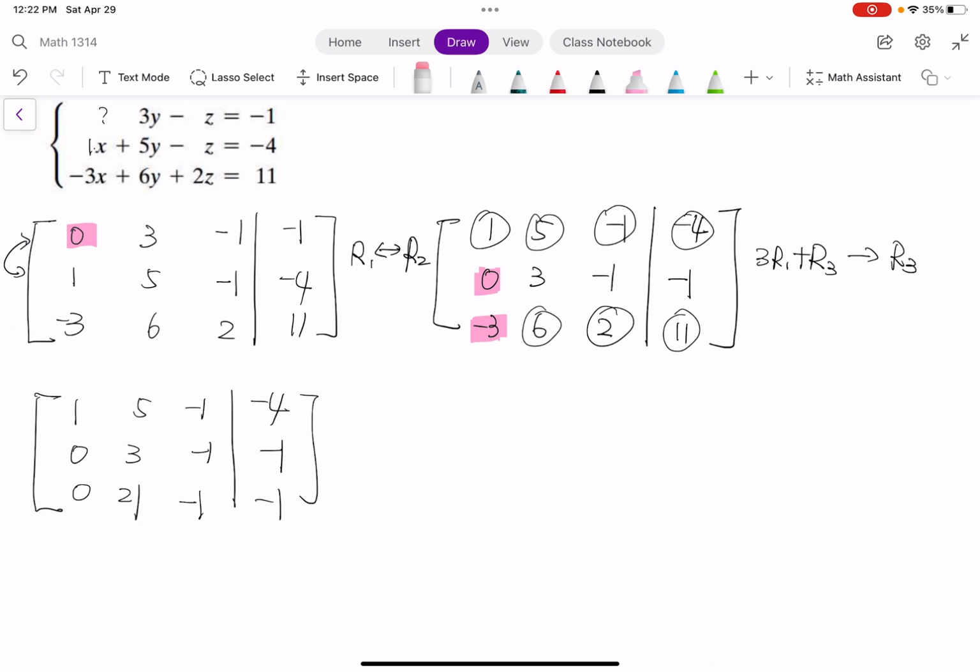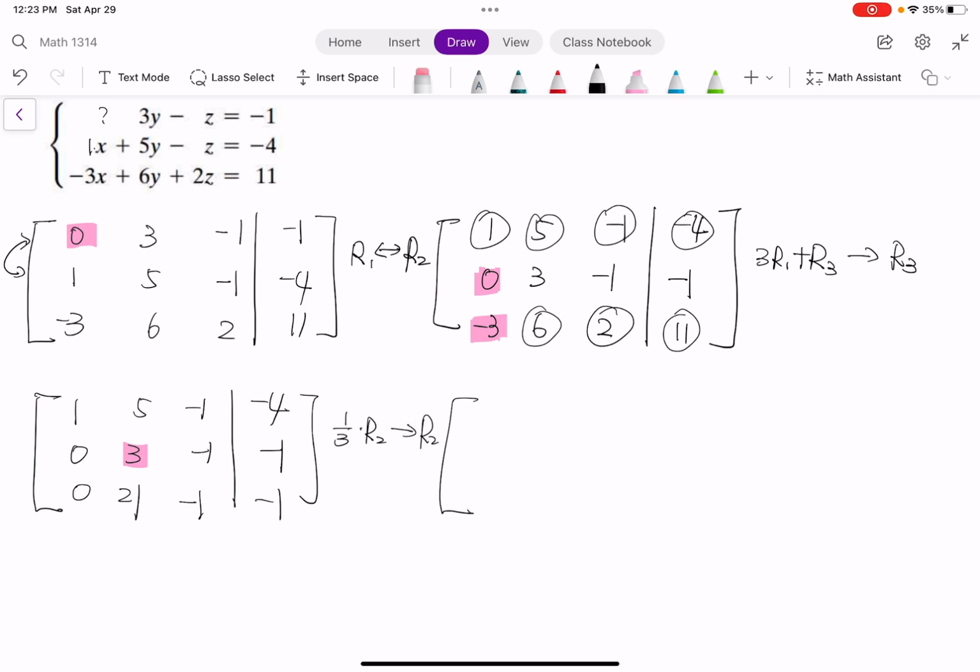Next step. What is the next step? So next step, I need to change the second diagonal one. I can divide it by 3. So 1/3 times R2. I'm creating the new R2. If you already know you are changing the R2, you don't need to have a change-to-R2 symbol.